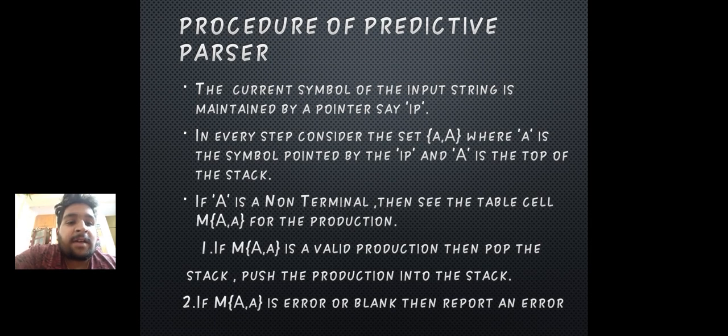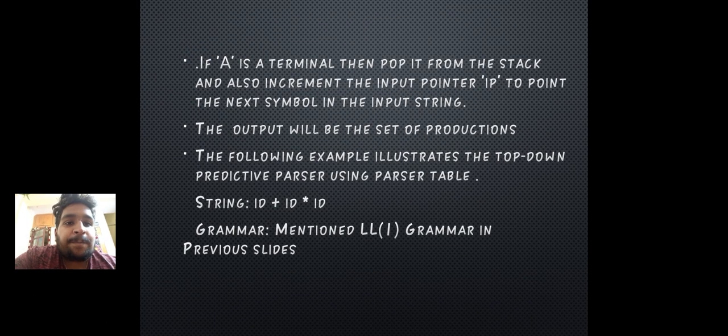If M[X, a] is a valid production, then pop the stack and push the production onto the stack. If M[X, a] is error or blank, then report an error. If X is a terminal, then pop it from the stack and also increment the input pointer IP to point to the next symbol in the input string. The output will be a set of productions.